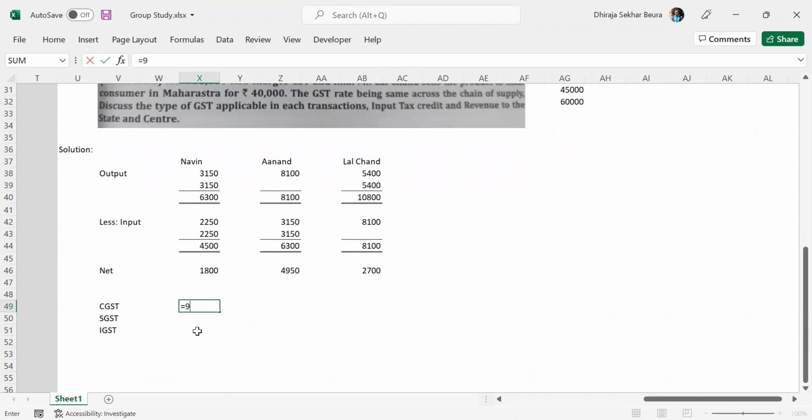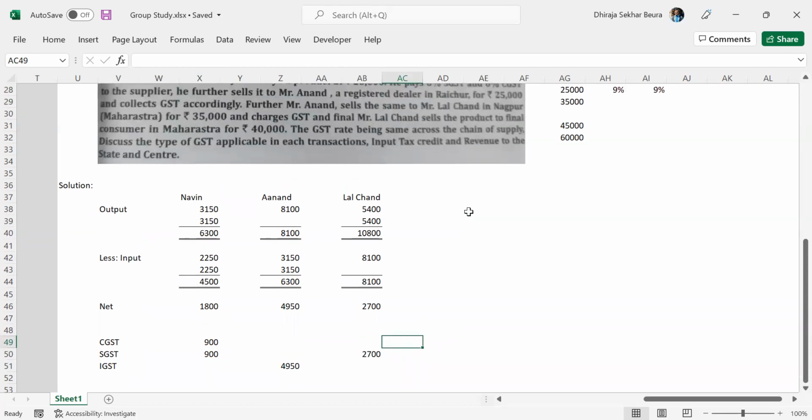This will be 900 and 900. This will be 4950, and this one is your SGST. So your center becomes 900 plus 4950, that comes to 5850, and your state comes to 3600. Please solve this question and let me know in case you have any questions.